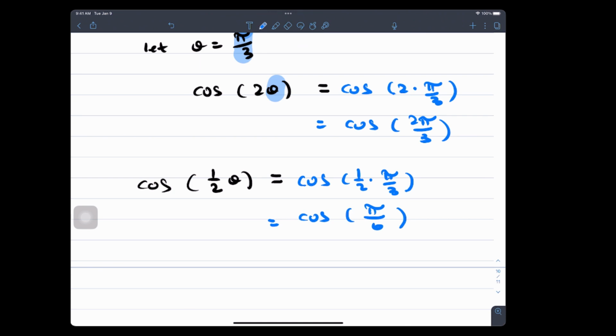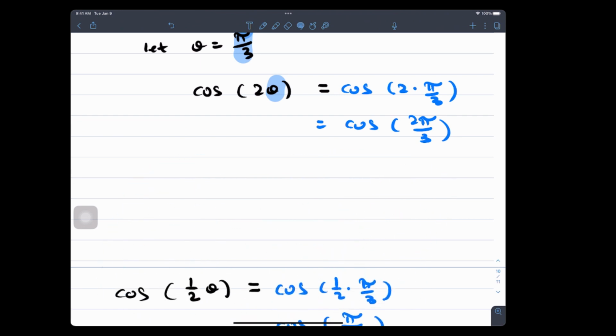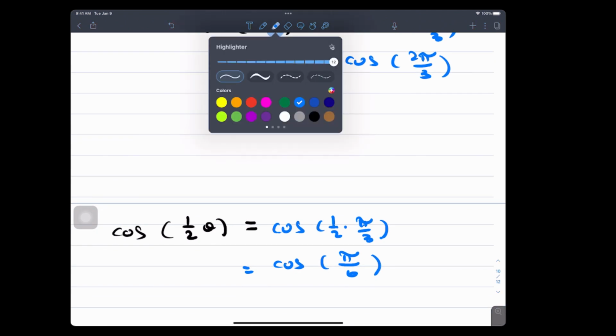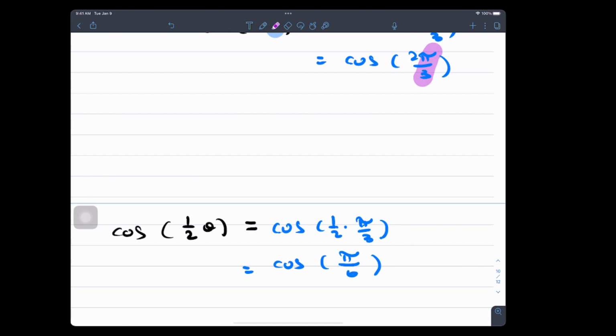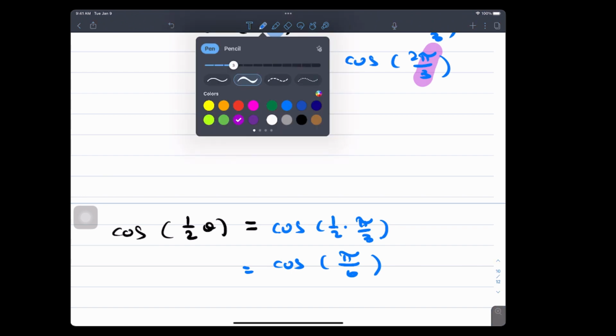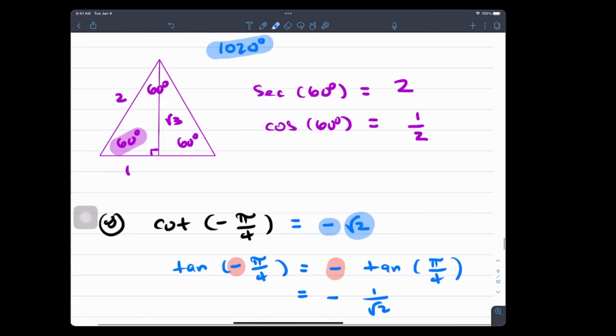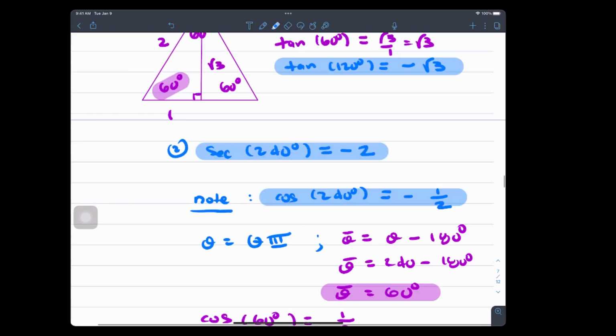So how would I answer the first one? What's my reference angle? It's a multiple of pi over 3. What does pi over 3 represent? This is a reference angle. Isn't that going to be 60? So what's the angle? What's 2 times 60? Is that 120 degrees? All right. What quadrant is 120 in?